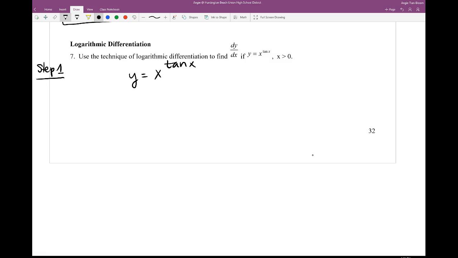Now for this one, I can't really use my exponent rule, just to keep that in mind. So step 2, I'm going to compose both sides with natural log.